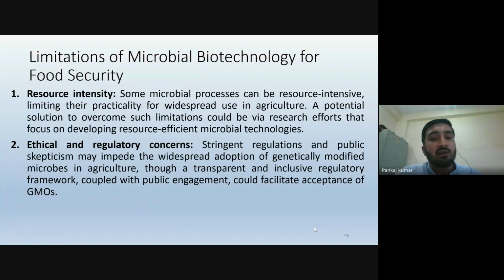Now, ethical and regulatory considerations, such as stringent regulations and public skepticism, may impede the widespread adoption of genetically modified organisms (GMOs) in agriculture.